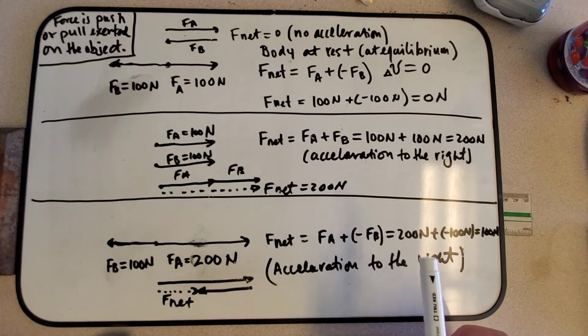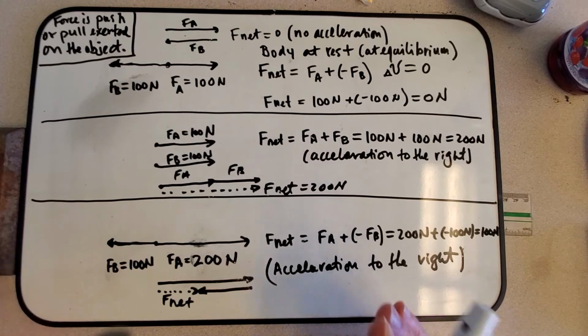Now, our third example is an interesting one. We have two individuals pulling to the right, and one individual pulling the opposite way, like a tug of war game. So where is the object going to go? Since force is a vector, it has a magnitude and a direction.